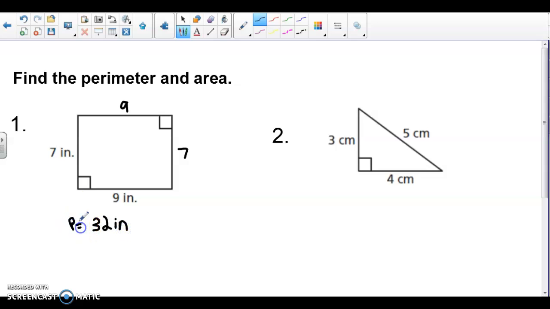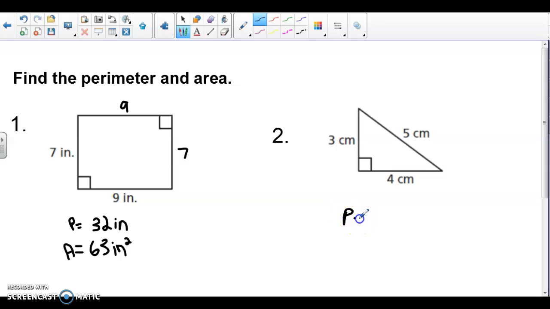Now your area of a rectangle is the length times the width. So 9 times 7 would be 63, and that would be inches squared. For the triangle here, the perimeter, again, would just be adding up the outside.